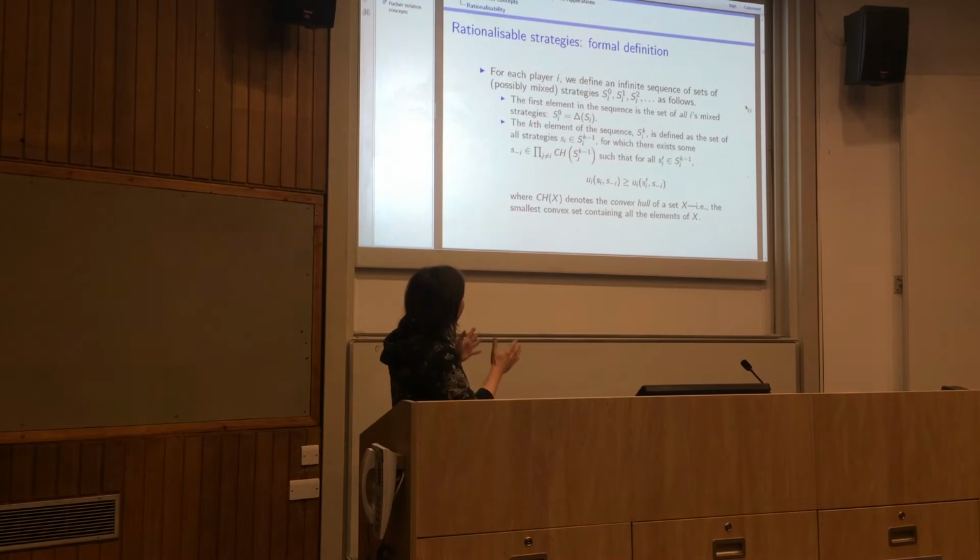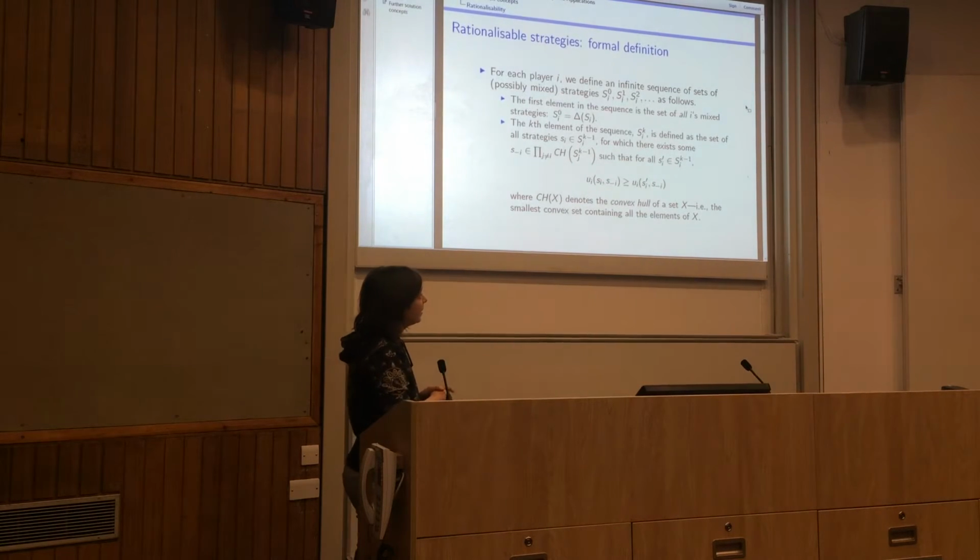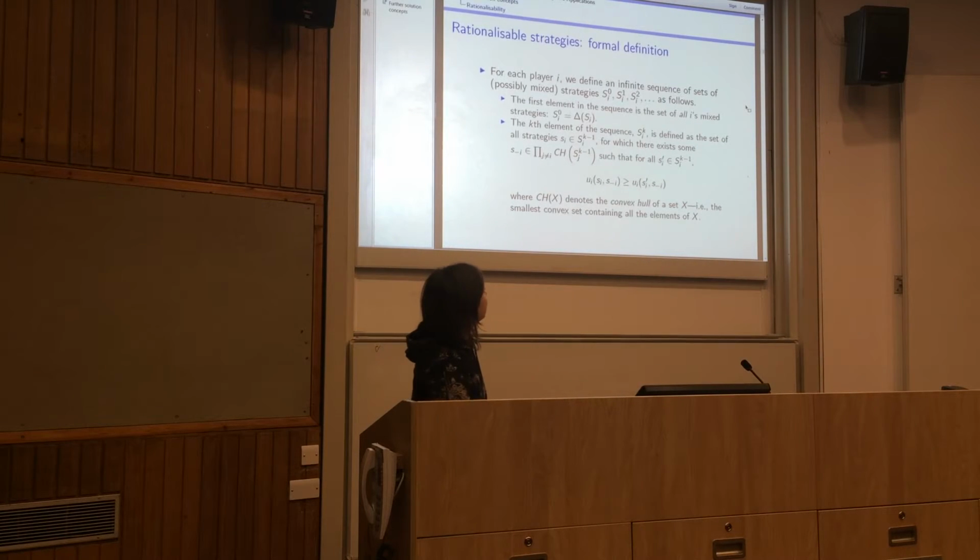Say, a kth element in the sequence would be given as follows. You would look at all the strategies of agent I in the previous set in the sequence, which are best responses to the strategies of the opponents.